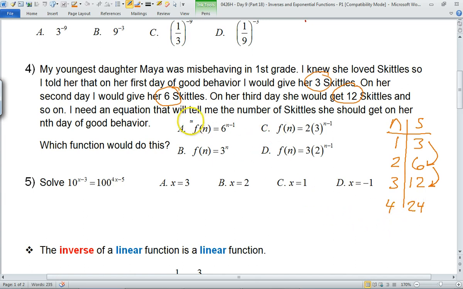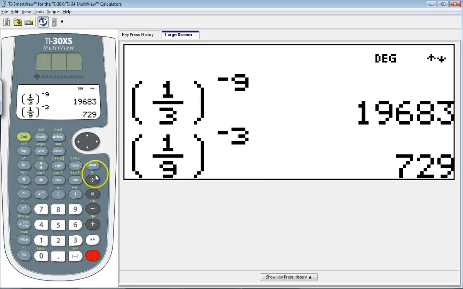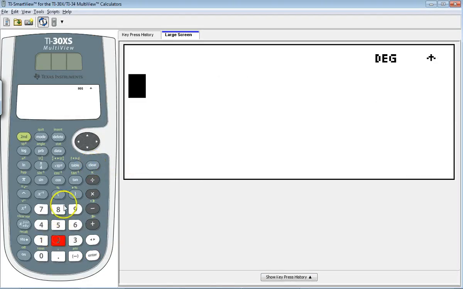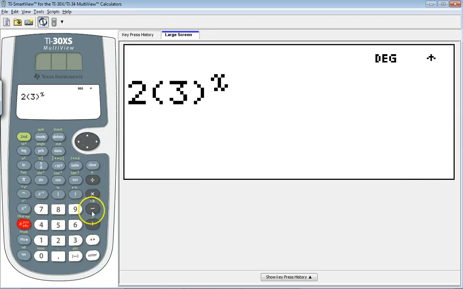Again, I have all these equations right here given to me. How could I tell which one is the right one? Again, I could put them in the calculator. Let's see, say if I do C. I'm just going to try C first. 2 times 3 to the n minus 1 power. Instead of n minus 1, I'll just put x minus 1 power.